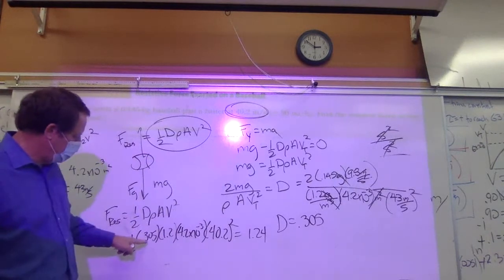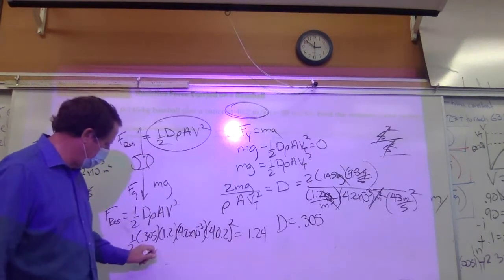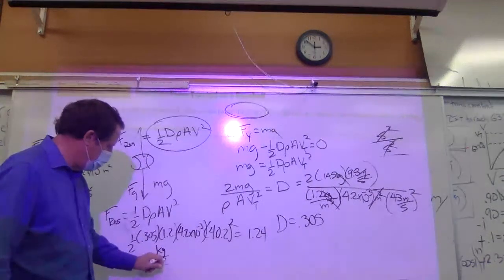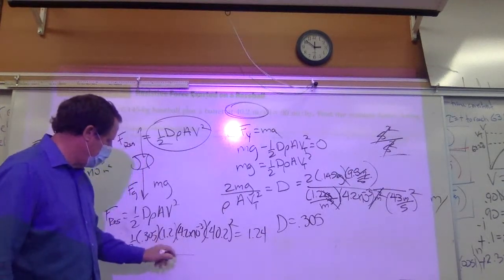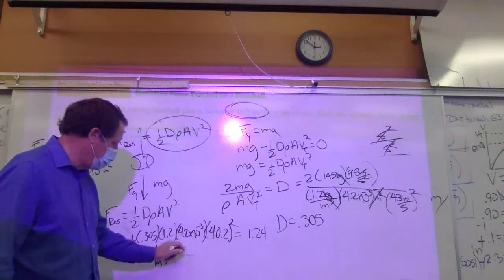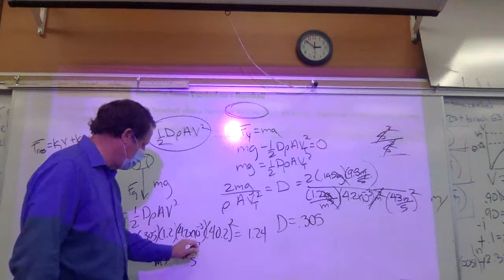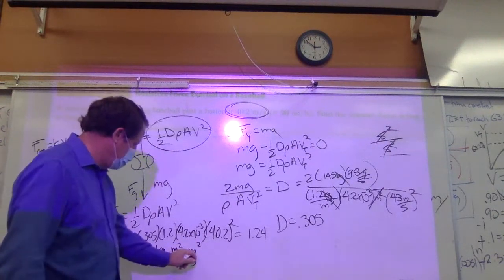So remember, this had no units. This was kilograms per cubic meter. And this one was square meters. And this one was meters per second squared.